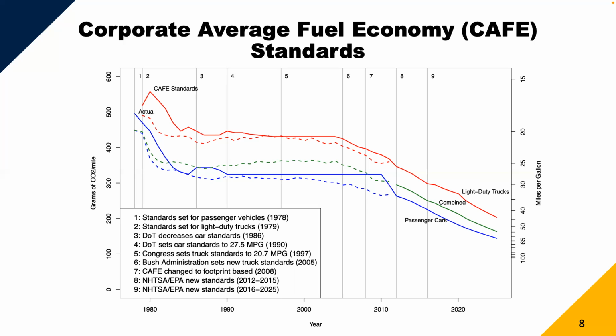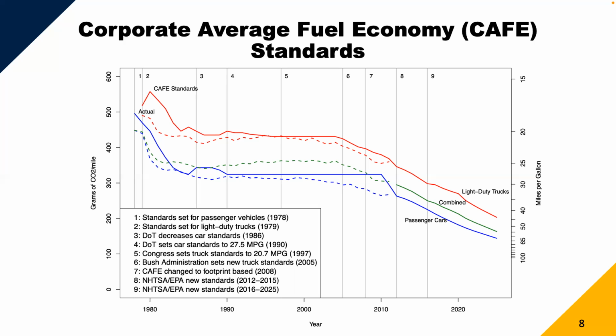And so over time, the standards have changed. And every time the standard gets updated, it has to go through a new rulemaking process. The other particular thing to notice here is how flat this line is. So that's the actual rule.